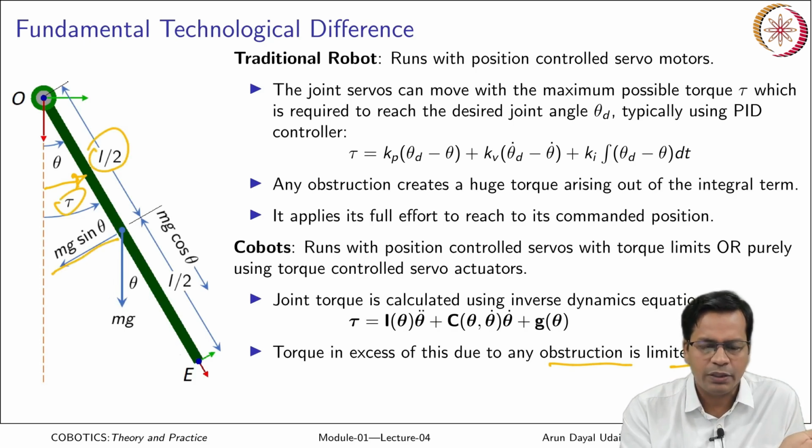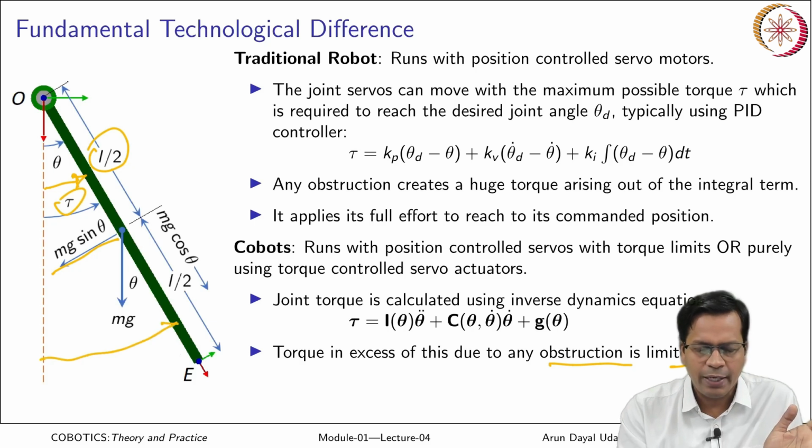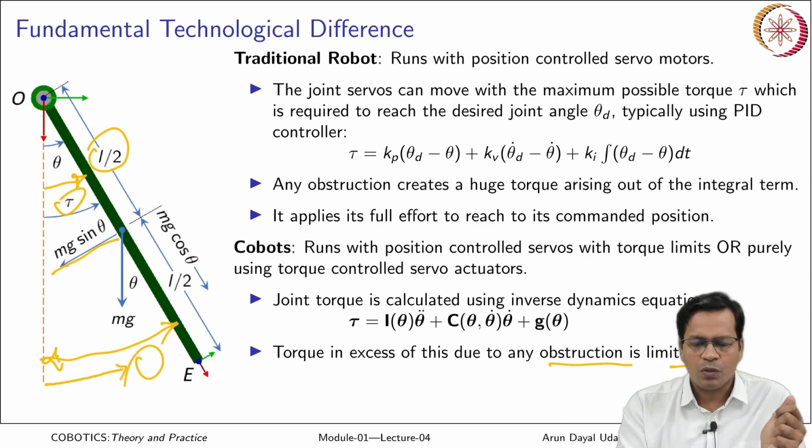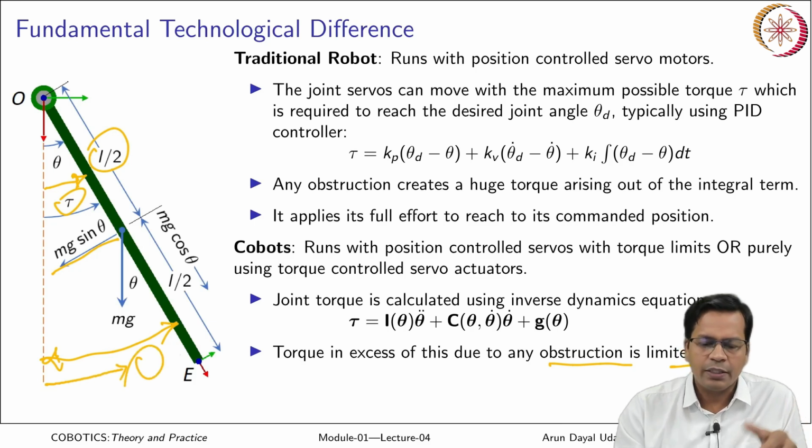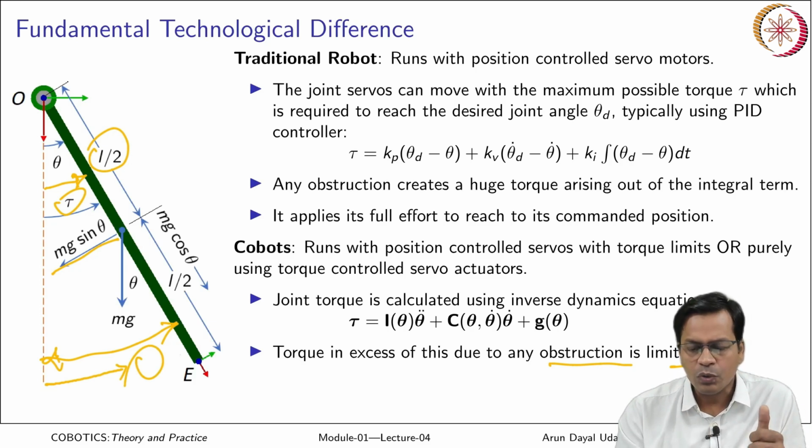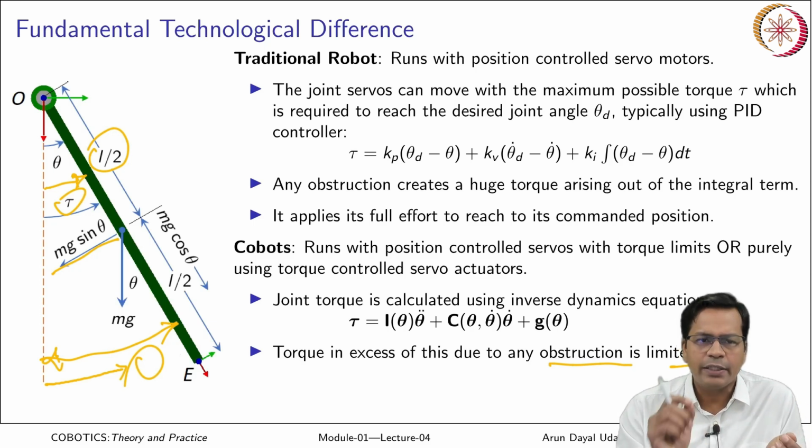That much torque is required at this angle. So let us say the robot started from here, started going like this, and in between it had a collision. So what happens? It demands more torque than is required to be there.